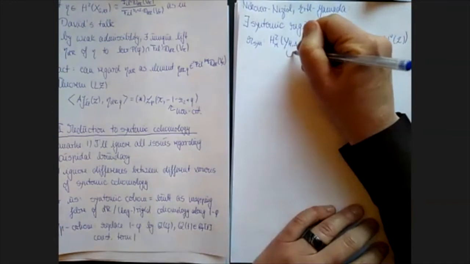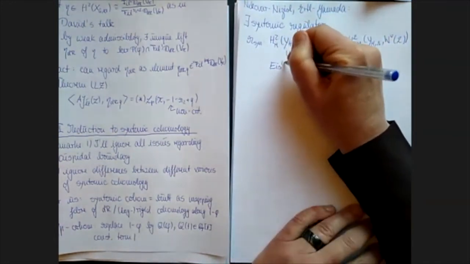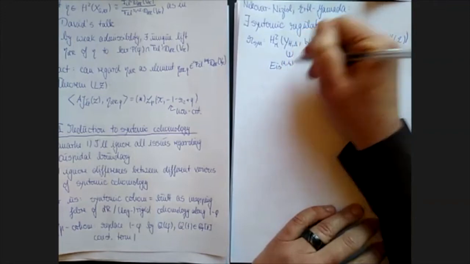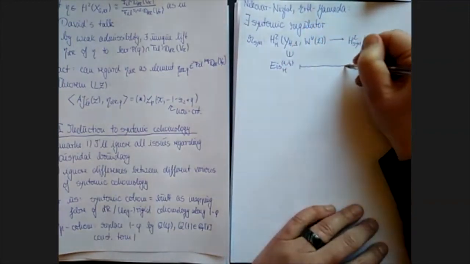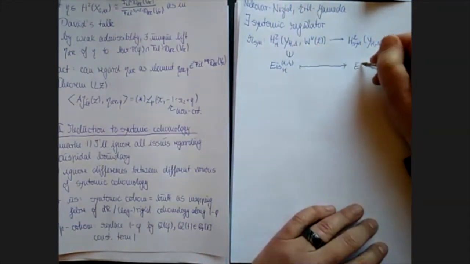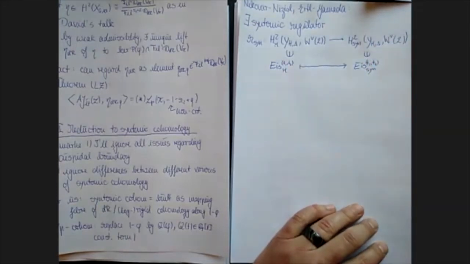Right, so in here, we had this motivic Eisenstein class, depending on the parameters T1 and T2. And I will write for the image Is T1, T2 syntomic. Right, so we have brought the Eisenstein class into the syntomic world.